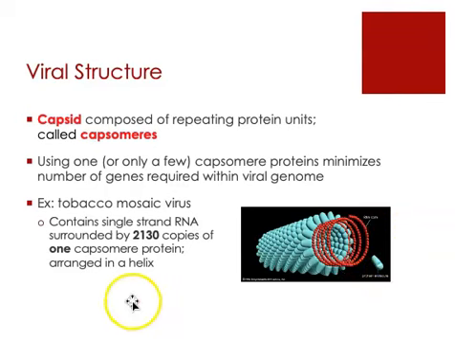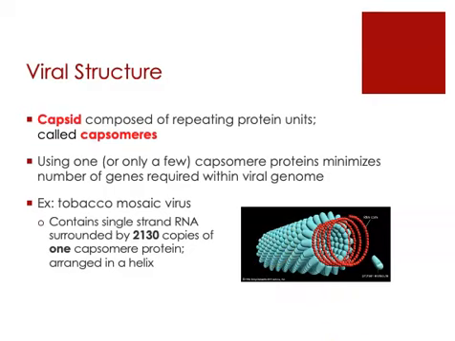It has 2,130 copies of that one kind of protein. So each one of these turquoise blue structures that you see drawn in this capsid, that's all the same kind of protein, just many, many copies of it, over 2,000 copies of it to build this capsid.